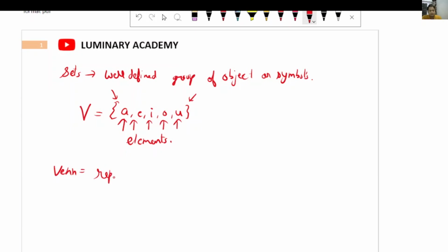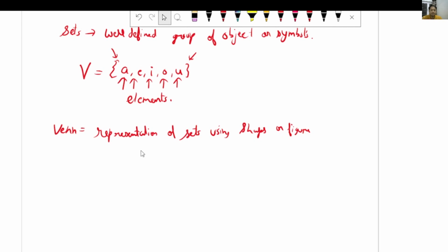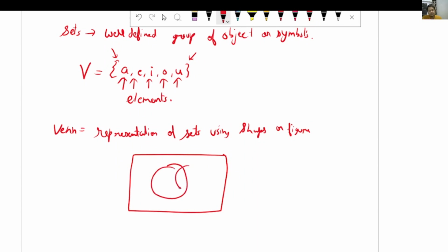Now Venn diagram means representing the set diagrammatically, representation of sets using shapes or figures, right? Whenever we use shapes and figures to represent a set, we generally call it a Venn diagram. We generally make a rectangle, and along with that we take circles.